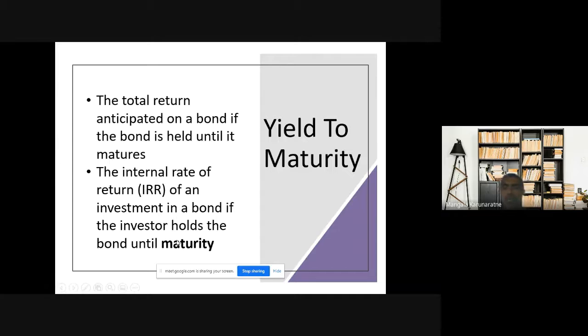So now in this definition we say yield to maturity is the investment in a bond if the investor holds the bond until maturity.